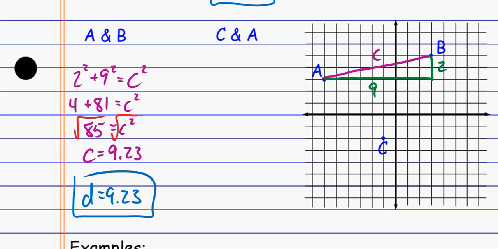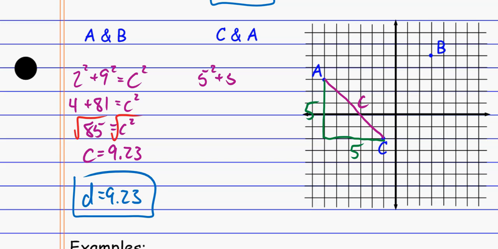From C to A, let me erase what I have, and I'll start over here. So C to A, once again, I count down and over. When I count this, that's 1, 2, 3, 4, 5 spaces, and here, that's 1, 2, 3, 4, 5 spaces. So once again, I've formed a right triangle where I'm looking for the hypotenuse.